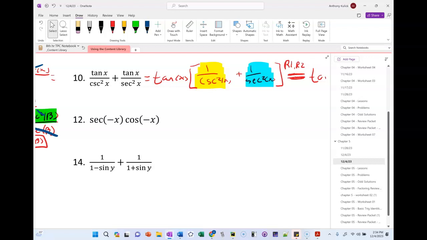Nope, we can't cancel x's because the x's aren't like a thing. We have secant negative x and cosine negative x, but there's no actual just like x, right? Those are locked inside those trig functions. So you have to think about that as like one object, like a secant negative x.